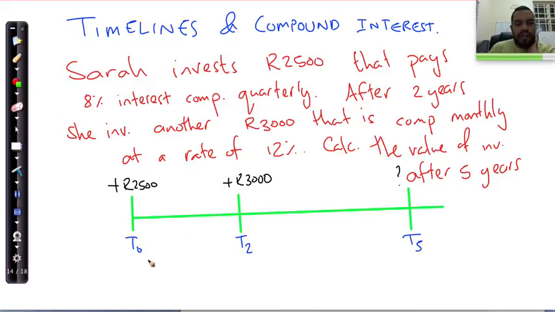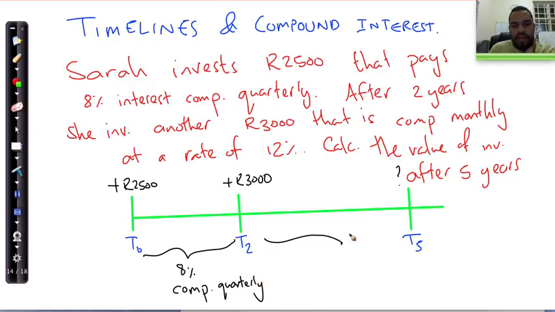When I go from year to year over this period, you will notice that the interest rate is 8%, and it is compounded quarterly. And if I work from here until there, that is a period of 2 years.